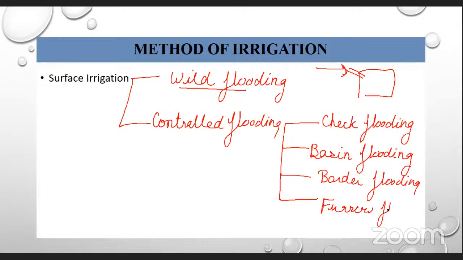We will be discussing furrow classification again, but over here we have to focus on surface irrigation. Surface irrigation is the most common type of irrigation.